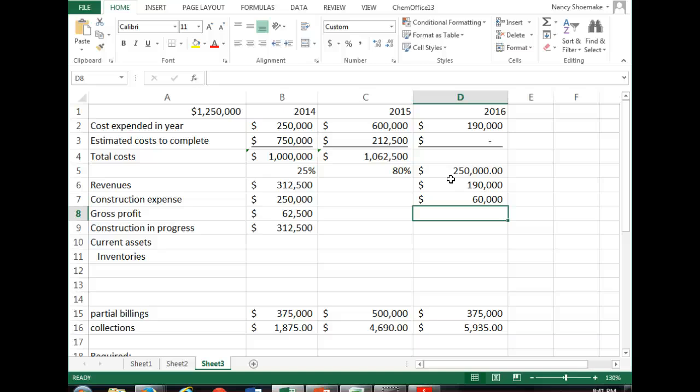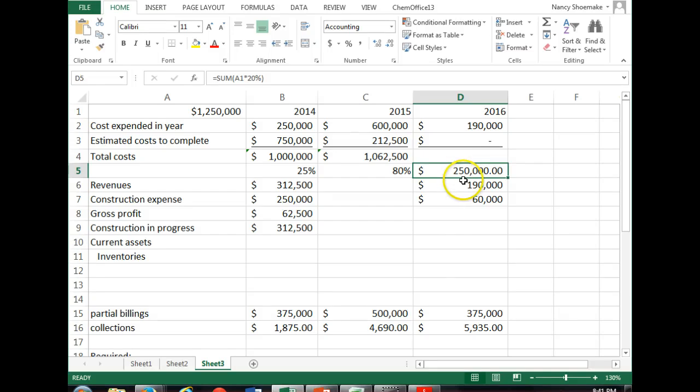Okay, so what I did is I did my 2015 to see how much we've already shown in gross profit. So 100% minus what was already taken, this is 20% left. So 20% times the 1,250,000 gives me the amount of our revenues recognized.